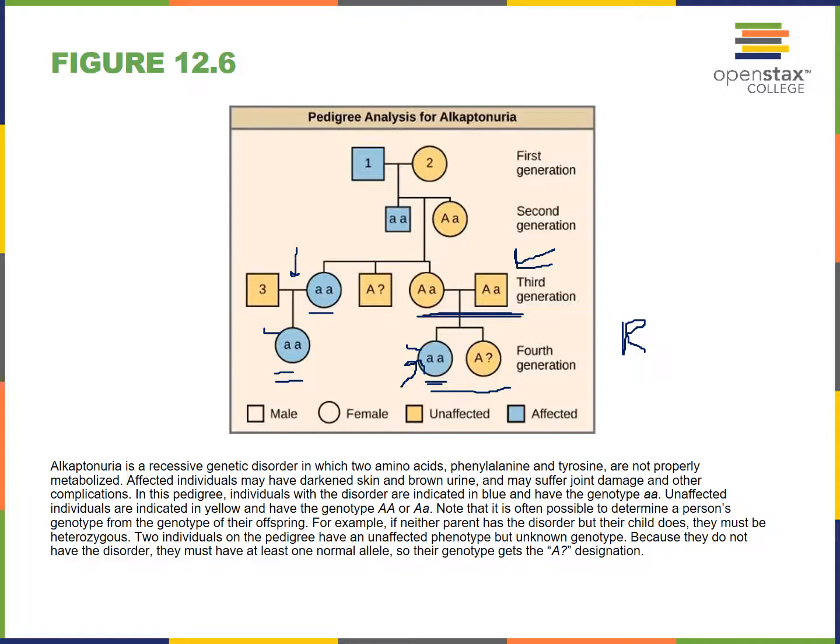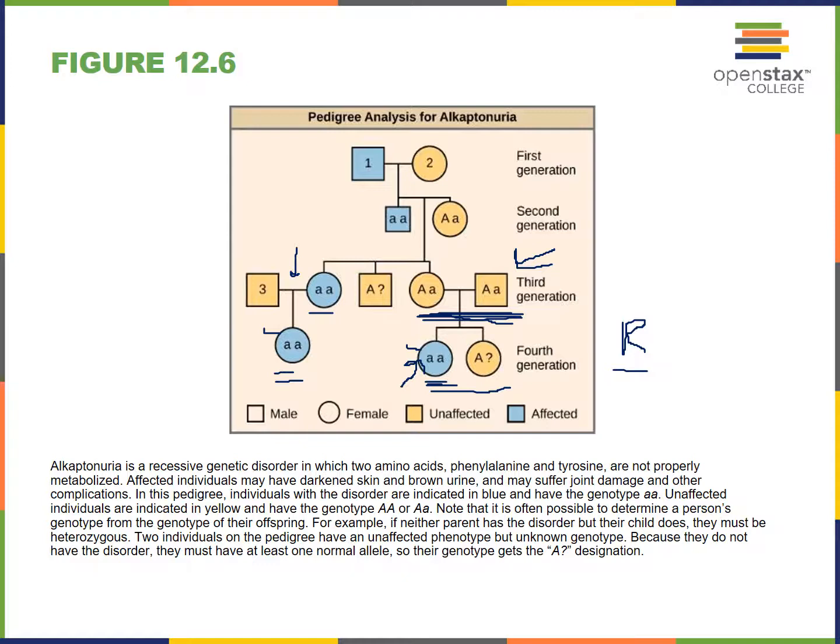This image right here that we're looking at, we had at least one family where the offspring had the trait, but the parents did not. So that is autosomal recessive. That's the type of inheritance.